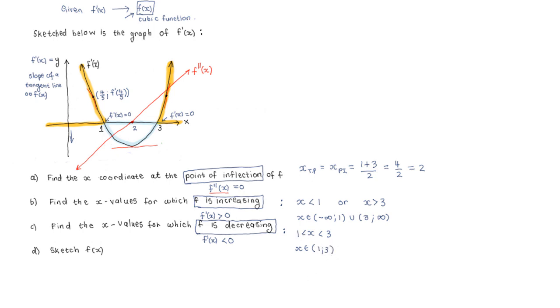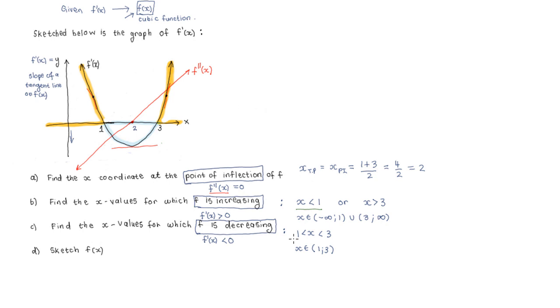Lastly, they now ask you to sketch f of x. The sketch of f of x is simply you capturing the intervals of increase and decrease. I'm going to sketch it in green on top of this, but let's just clean this up a little bit first.